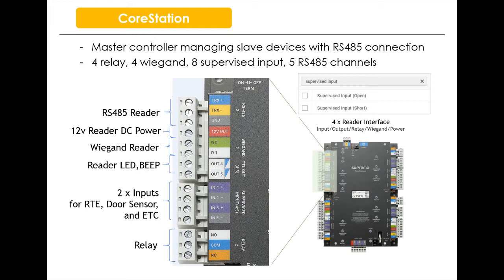A log distinguishing a normal input or shorted input will be recorded in the event log, and a device action can be configured accordingly as well. Core Station supports 4 onboard reader ports for both Wiegand and RS485 interface, along with relays, input, and reader power out.